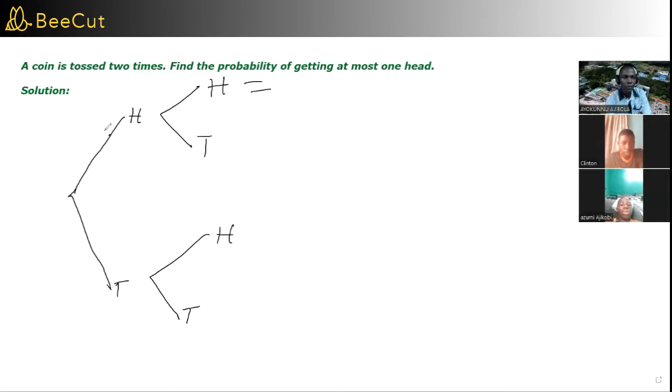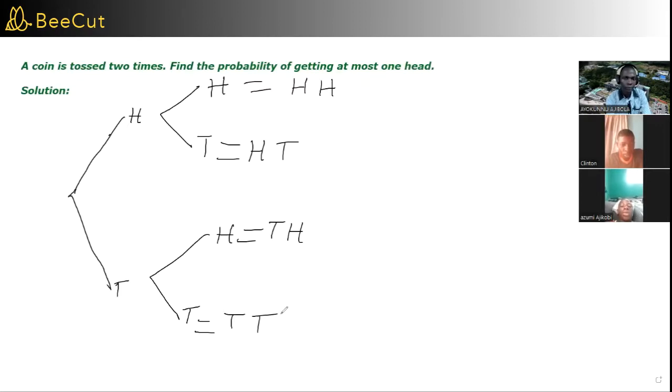So it's possible the first attempt is head and the second attempt is head. Then it's possible the first attempt is head and the second attempt is tail. And it's possible the first attempt is tail while the second attempt is head. And it's also possible the first attempt is tail and the second attempt is also tail. Okay, how many possible outcomes do we have?